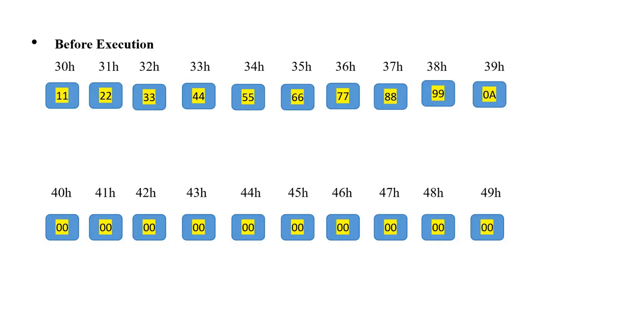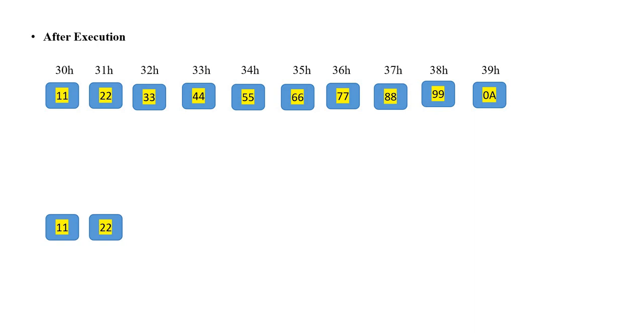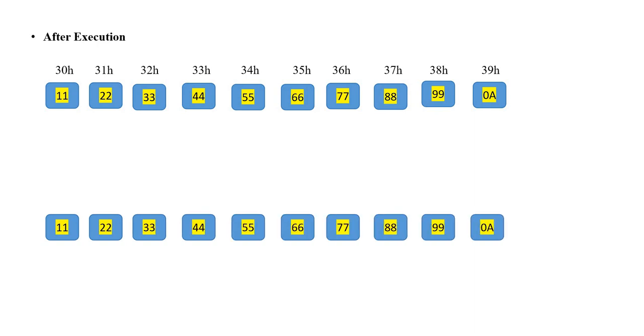After execution, the same data present in memory locations 30H to 39H will be copied to the memory locations 40H to 49H. Earlier these were all 0, but after executing the program, you will get the data which was present in 30H to 39H transferred to 40H to 49H.